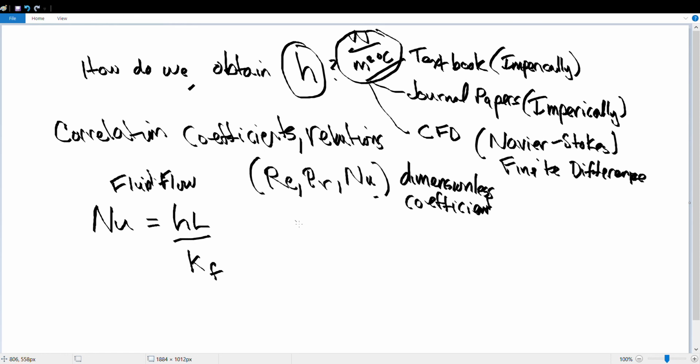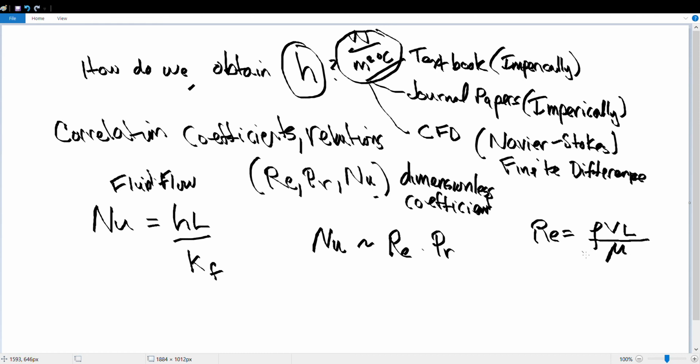Usually we get Nusselt numbers through relations, right? The Nusselt number is a function of the Reynolds number times the Prandtl number, where the Reynolds number is equal to the density times the velocity of the fluid times the characteristic length of whatever we're flowing over, divided by the dynamic viscosity.